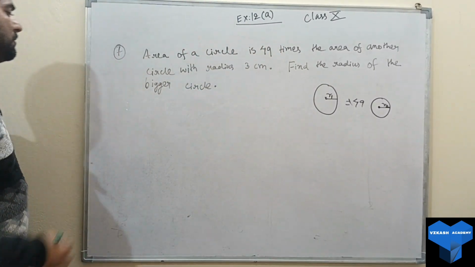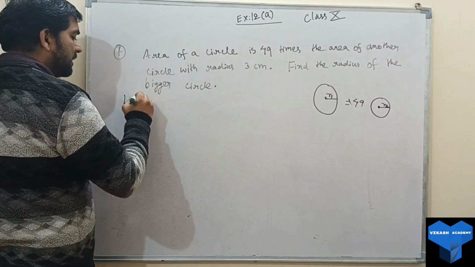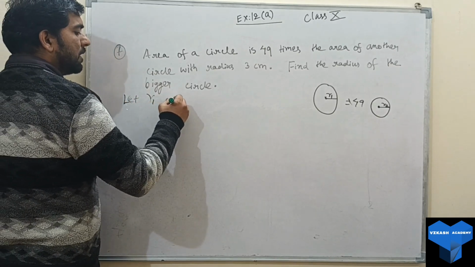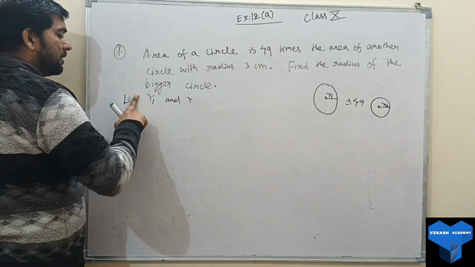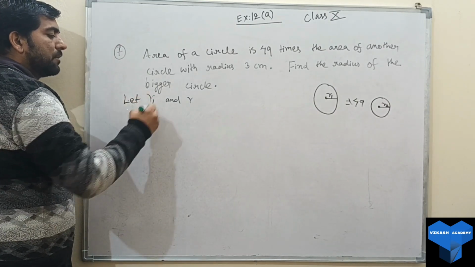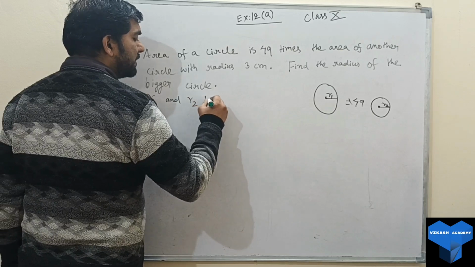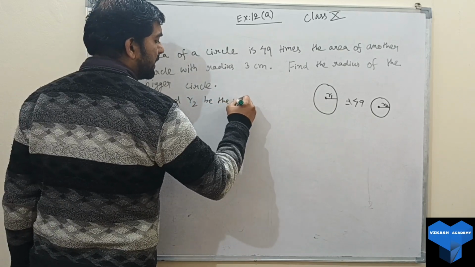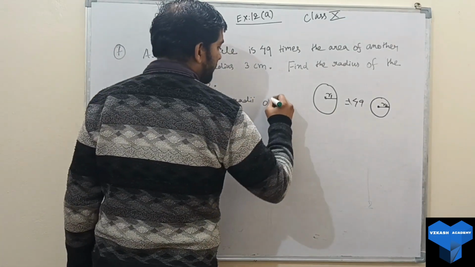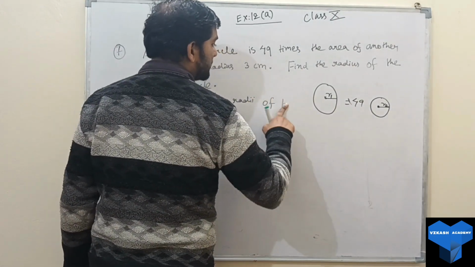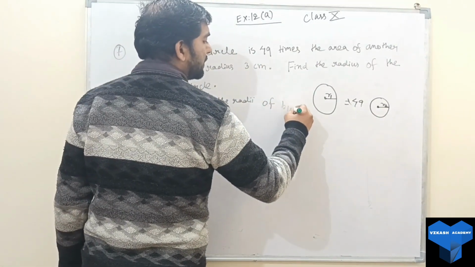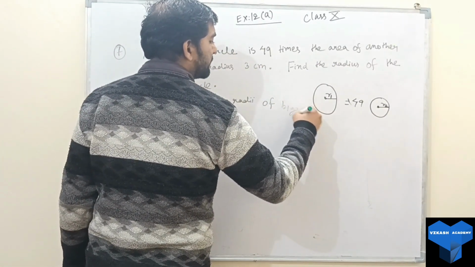So we write: let r1 and r2 be the radii of the circles. R1 will be for the bigger one.